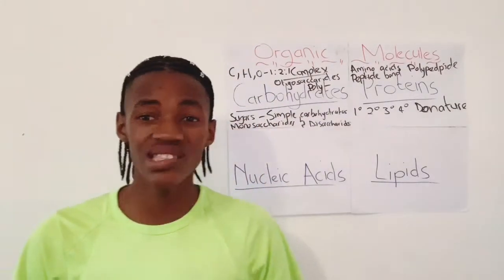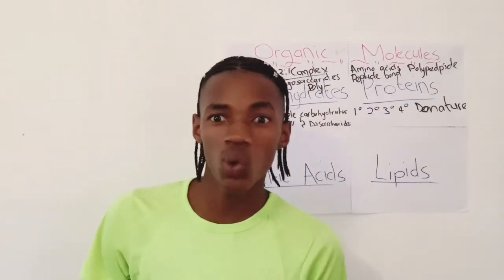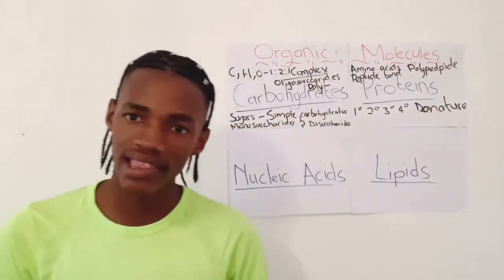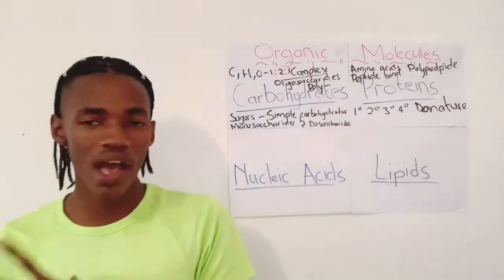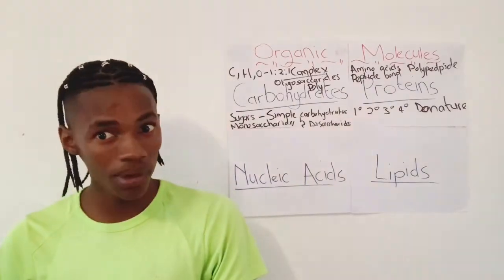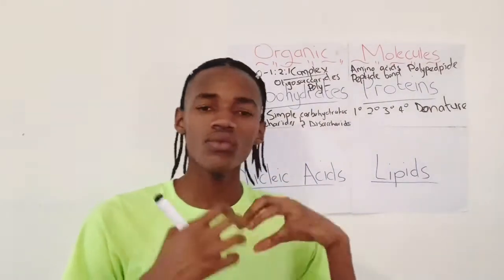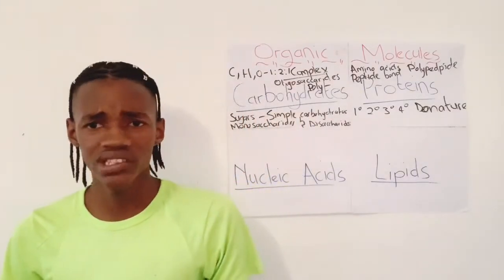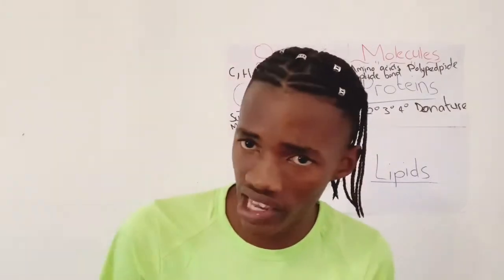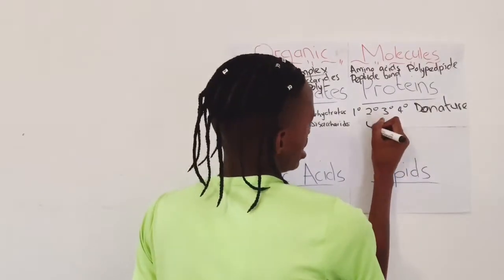They do that by lowering the activation energy so that reactions occur at a faster rate. Enzymes also have non-protein helpers, which are called coenzymes, which come together and work with the enzyme to perform the function of the enzyme.